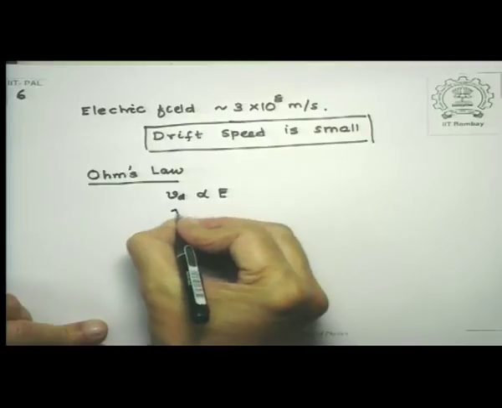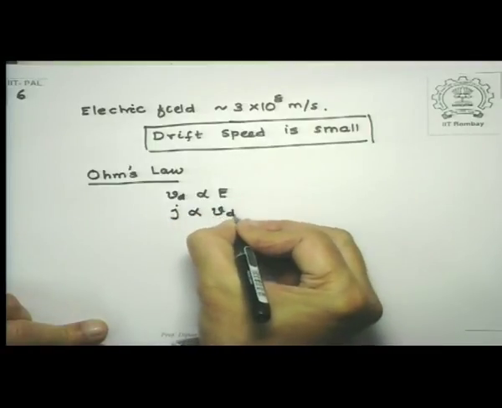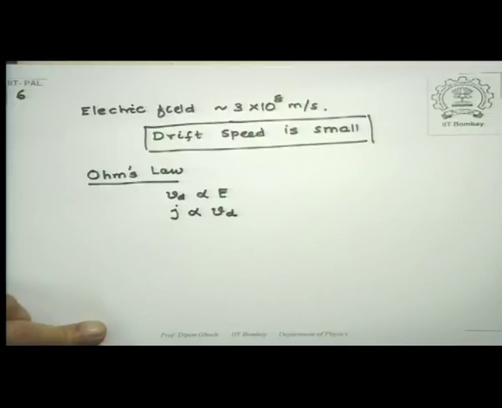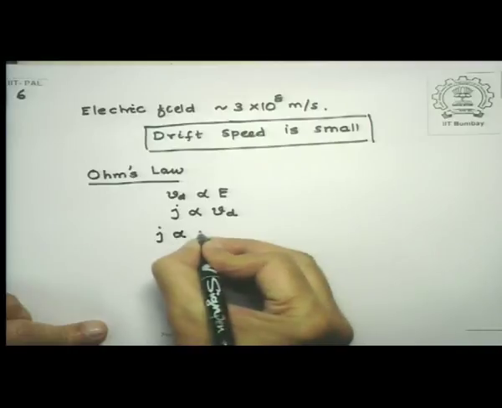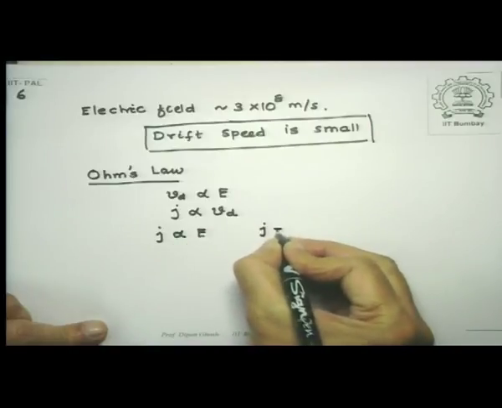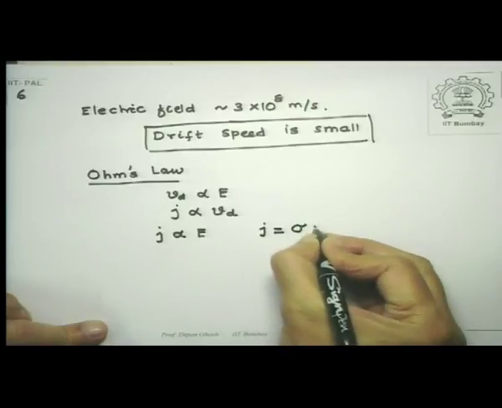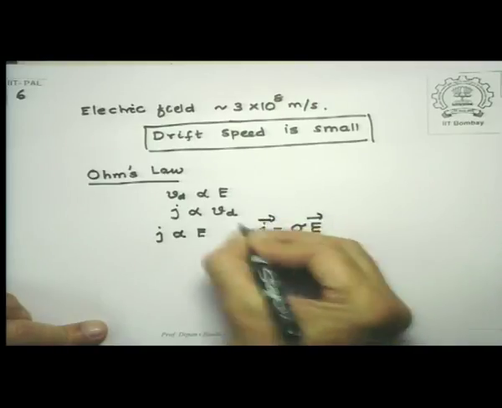I know that the current density, by definition or by our derivation, is proportional to the drift speed. That tells me that the current density J is proportional to the electric field, and we can write this as J is equal to a constant sigma times E. This is a vector relationship.